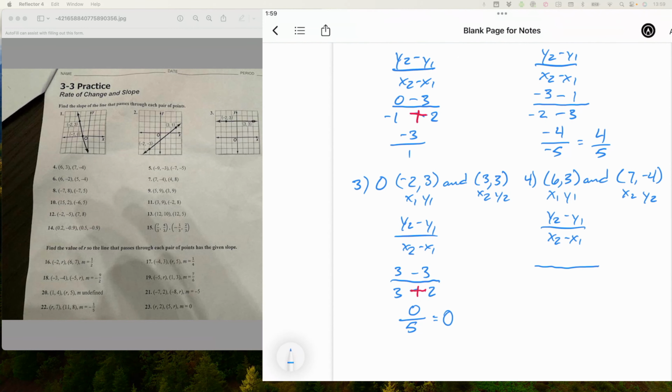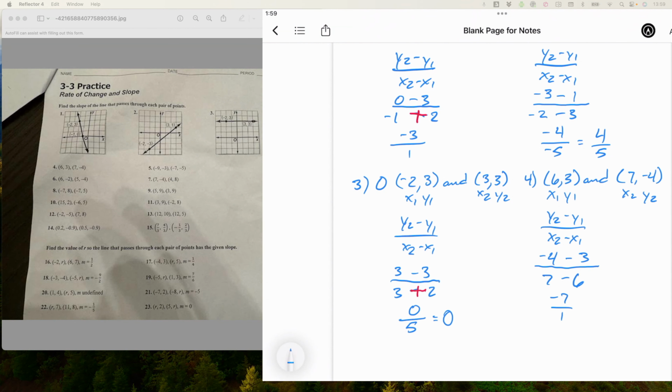Again, fraction bar with minus signs already in there, so we don't mess any of that up. Negative 4 minus 3, 7 minus 6. Negative 7 over 1. And I will leave that answer as a fraction. I will not change it to be negative 7.